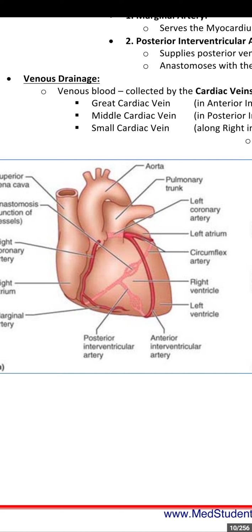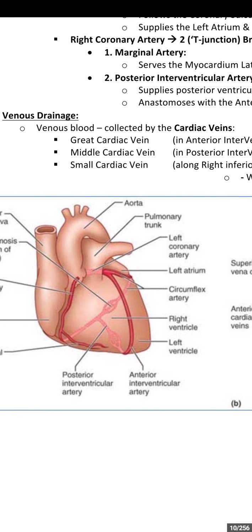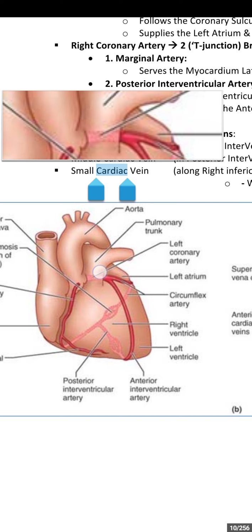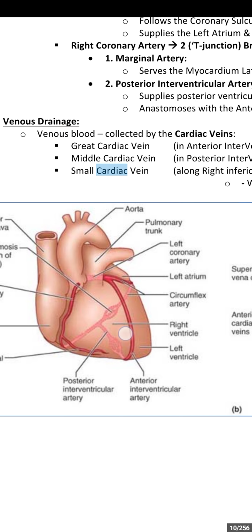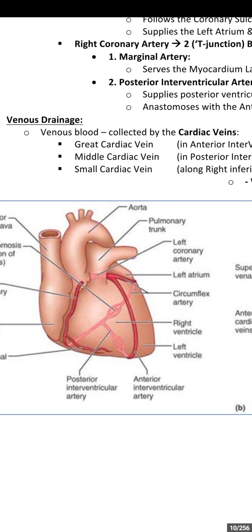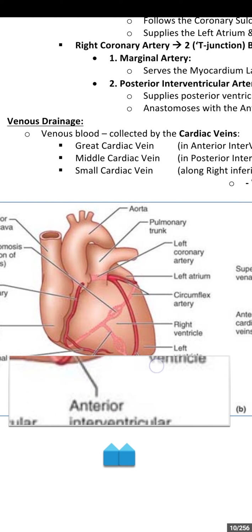The left coronary artery has two branches. The first branch is the anterior intraventricular artery, this one.